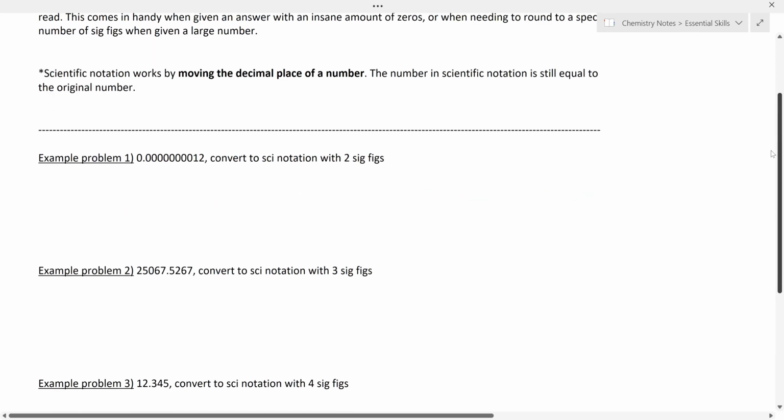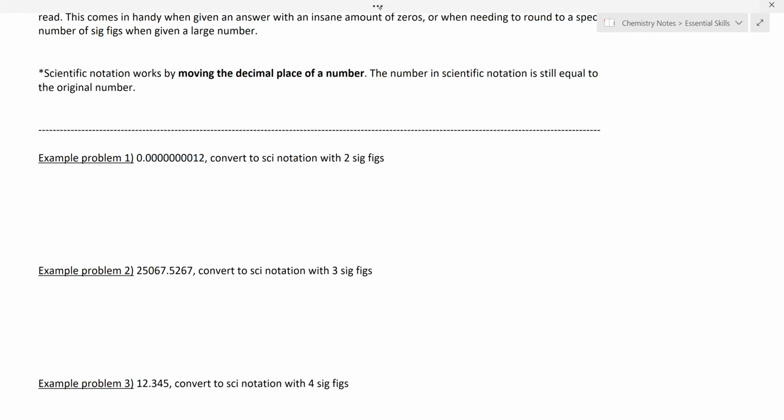We'll just do that. Okay, so for the first example problem, we get this crazy number. I'm not even going to read it out, and we want to convert it to scientific notation. We want it to have 2 sig figs. So how do we do this?